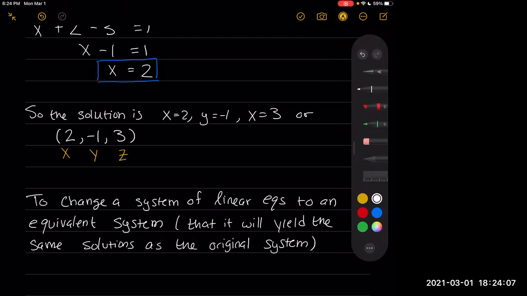So to get one of these equivalent systems, we can use elimination.